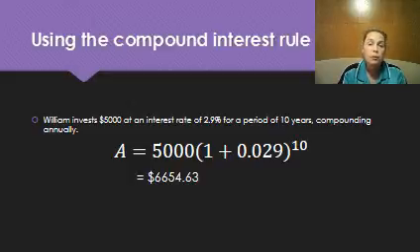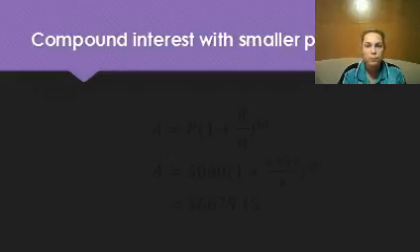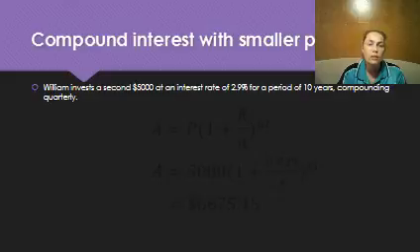Now, the example that we used before had our investment compounding more frequently. So when we have smaller periods, we make a slight adjustment to our formula. So imagine this time William invests a second $5,000 at an interest rate of 2.9% for a period of 10 years, but this time it compounds quarterly.